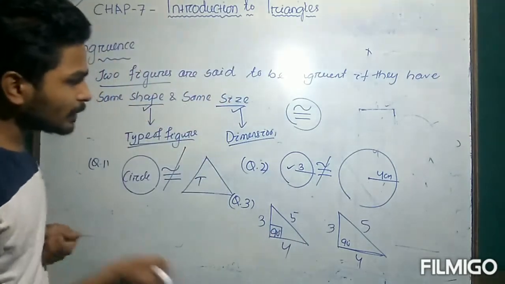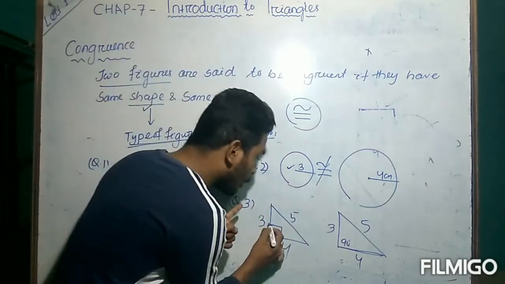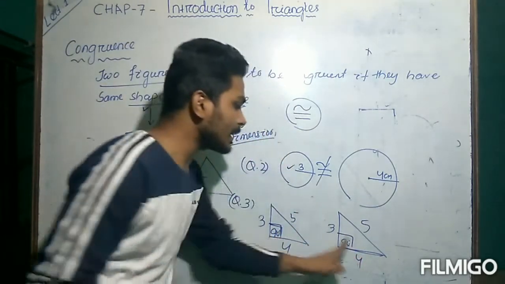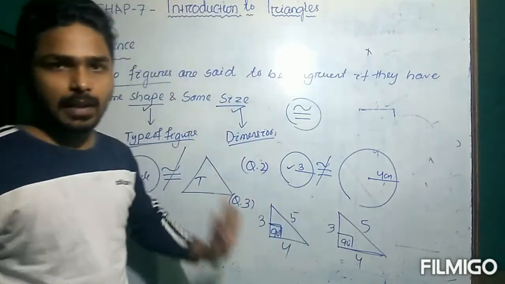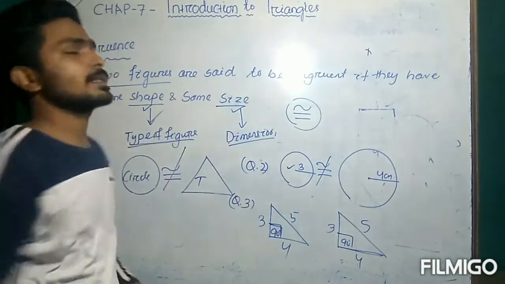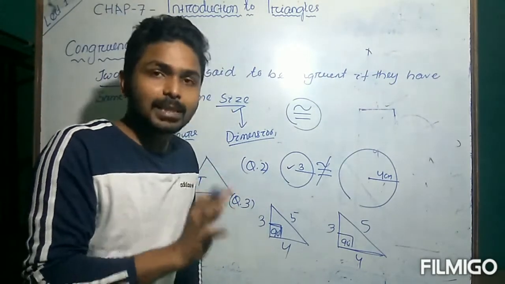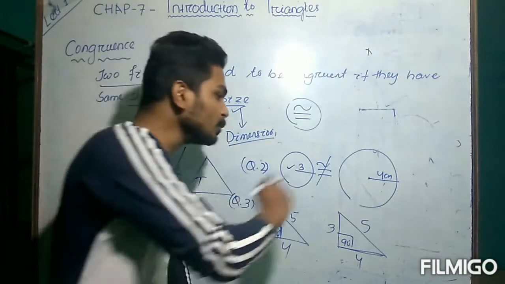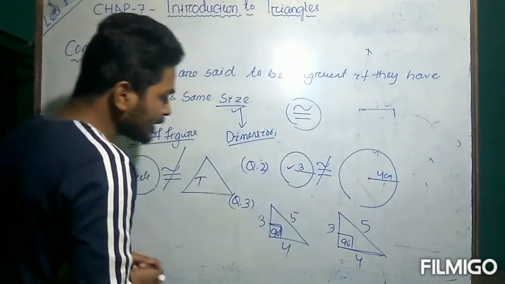Now talk about their shape. Since both are triangles as well as both have one angle 90 degrees, that means these two triangles are right angle triangles. So they have same shape. Understood? Next, whether they have same size, that means whether the sides of two triangles are equal or not. Let's see.